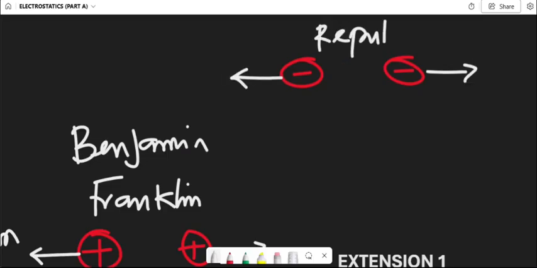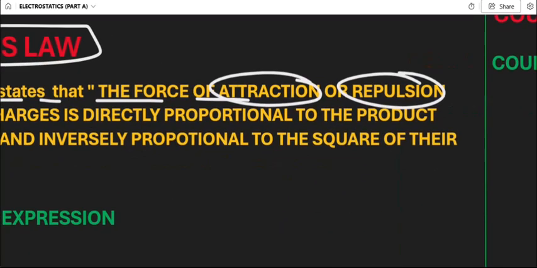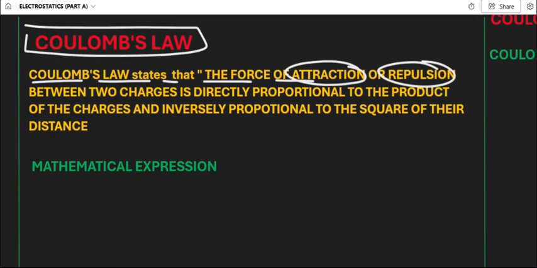When it comes to a situation whereby the charges are unlike, meaning different, in this case they will attract. That means there will be a force of attraction. So according to Benjamin Franklin, charges of the same kind repel, but charges of different kinds attract. That gave us a basis of understanding of what we want to talk about.